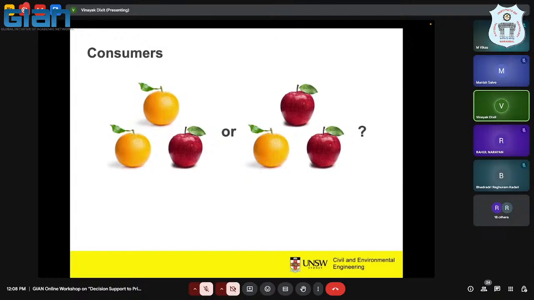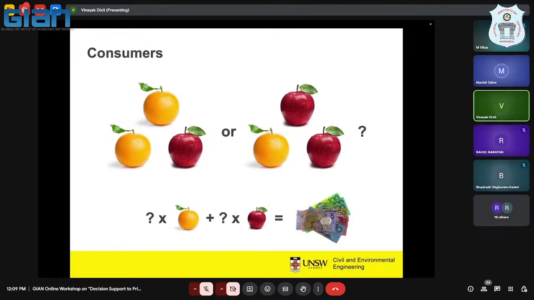One question you will always face when you're doing these kinds of models is, for a household, which one would they prefer more: 2 oranges and 1 apple, or 1 orange and 2 apples? The answer goes down to the concept of price, right? Depending on the price, you will determine which one you would prefer more.